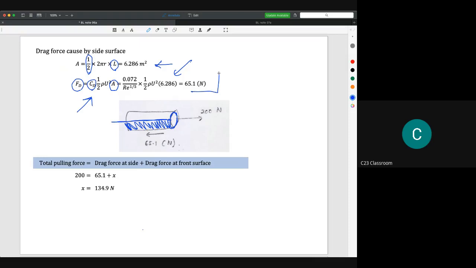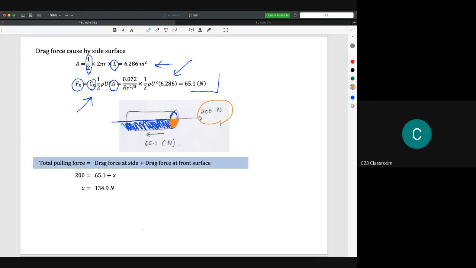65.1 Newton. So we could imagine that the boundary layer that occurs at this area will give us 65.1 Newton, meaning that an extra force actually occurs because of the front surface. That's why the boat needs to pull the timber with 200 Newton.